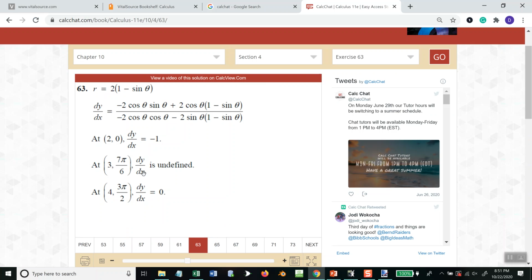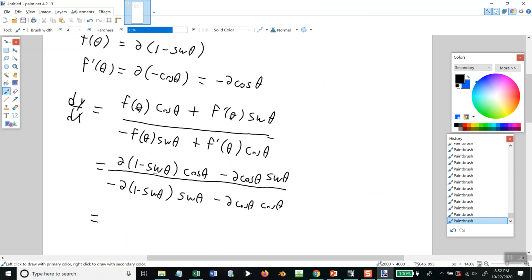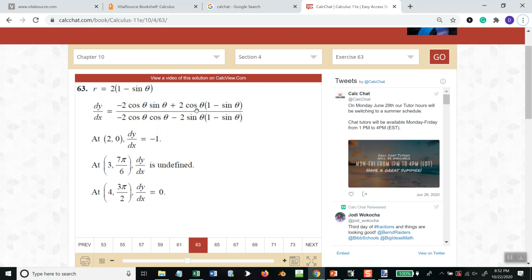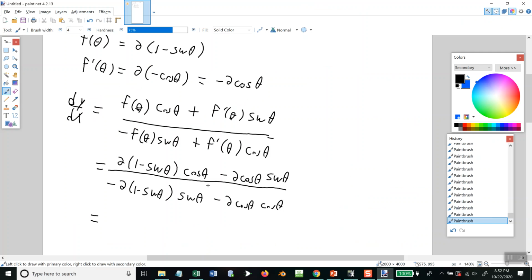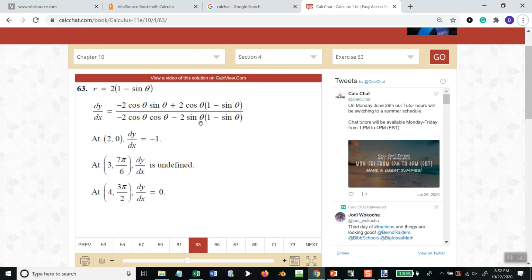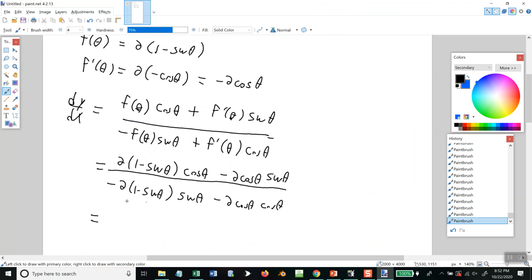Over here, 2 cosine theta times 1 minus sine theta, minus 2 cosine theta sine theta. Okay, so I didn't screw it up this time.